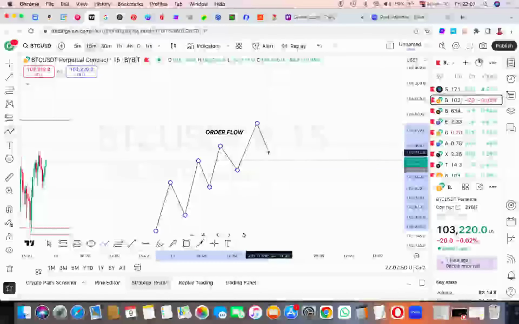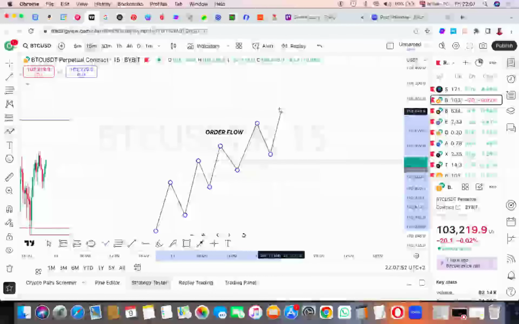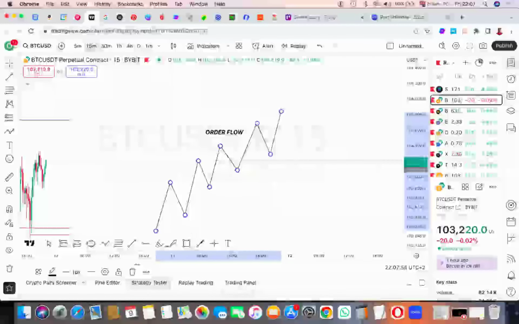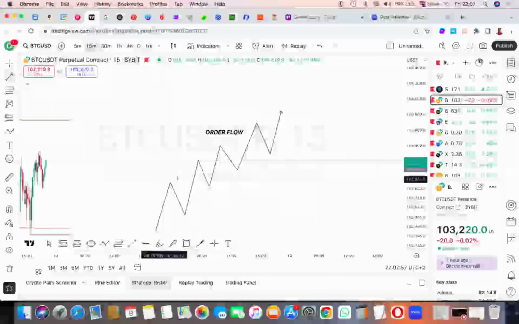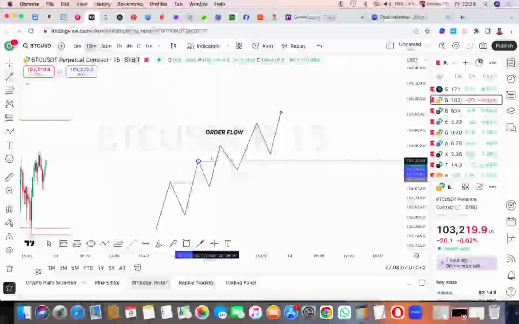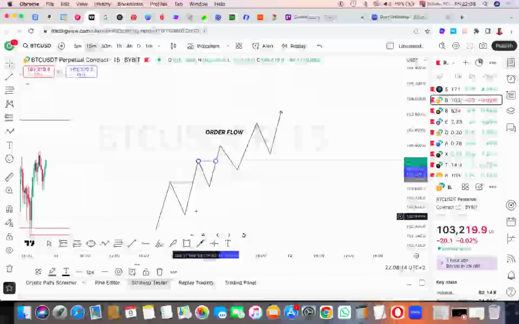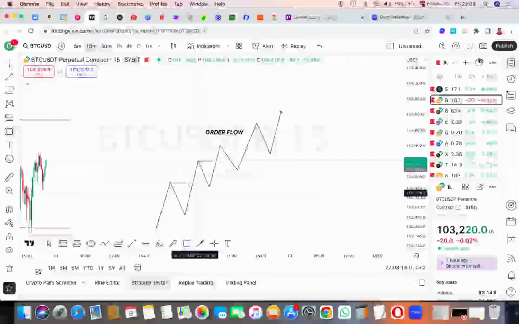So now this is an uptrend, like we defined it. We said multiple breaks of structure to the upside cause an uptrend, and we also talked about our order blocks. So assume that this is our order block.